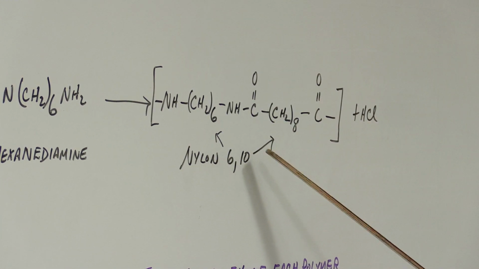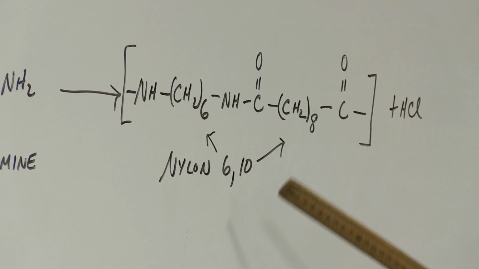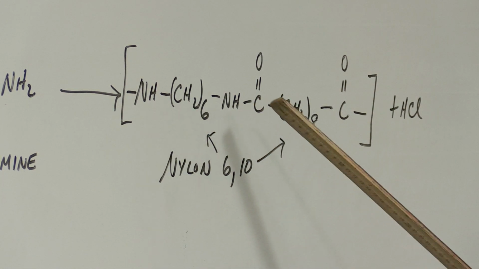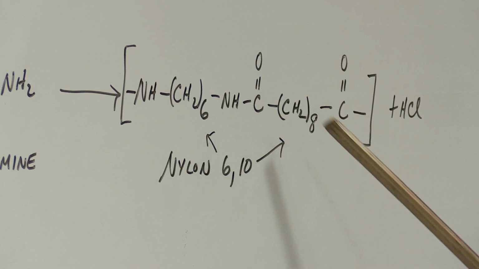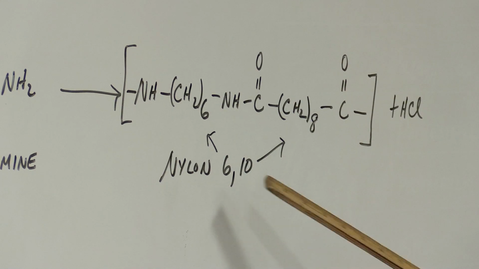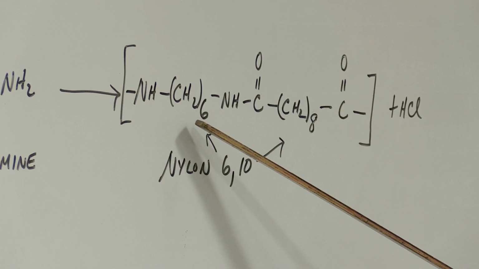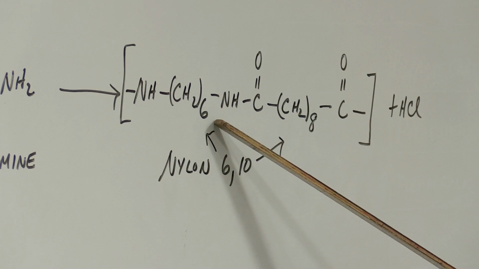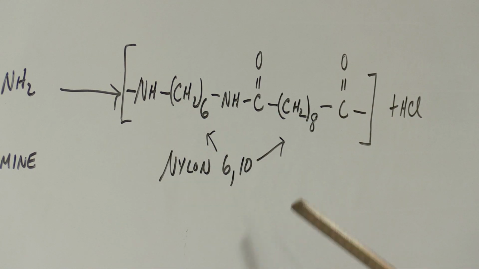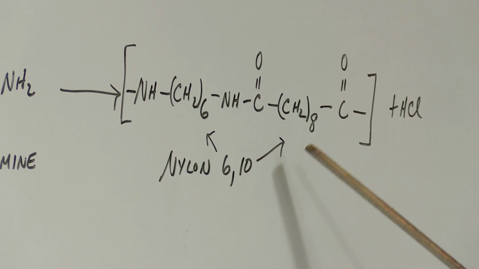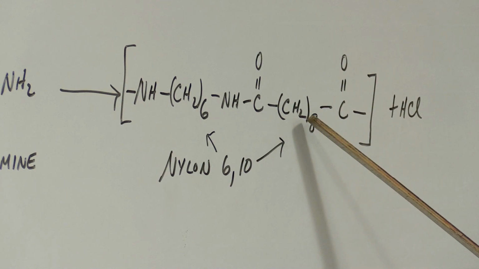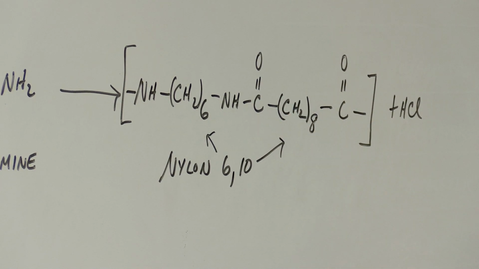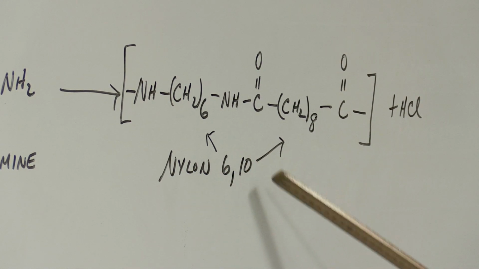The name nylon 610 is derived from the number of carbons in the different parts of the compound. So in the sebacoyl chloride, we have 6 carbons. In the hexane diamine, we have 8, 9, 10 carbons, so it becomes nylon 610.